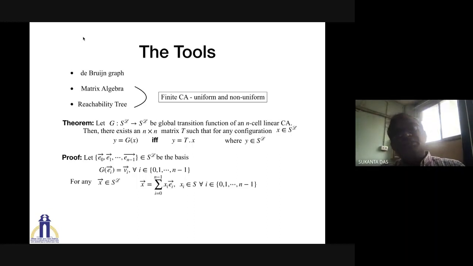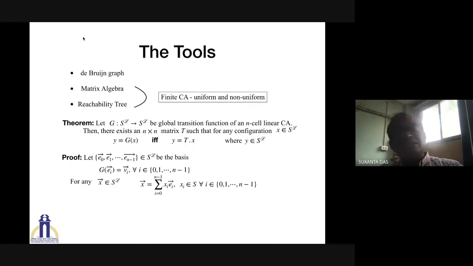That we get from the definition of basis vector. Since e0, e1, up to e n minus 1 are the basis vectors, any vector x can be represented as a summation of ei multiplied by xi, where xi is a scalar.